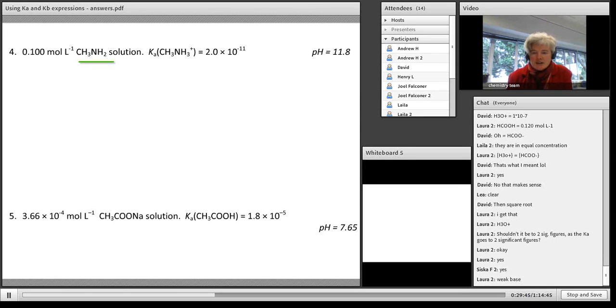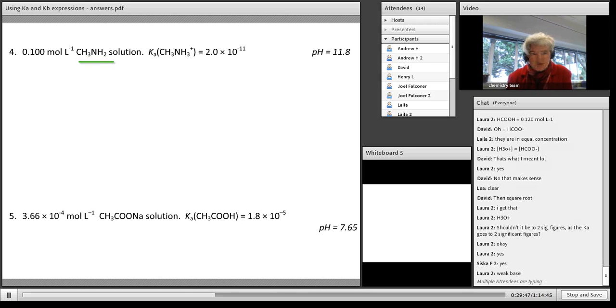Sorry, if you find it a little bit small, just tell me to make it bigger. Okay, it's a weak base. So notice though we are given a Ka value. So don't fall into the trap now saying, oh, Ka value, so I'm going to go Ka is equal to so and so. First, write out the equation so you know which one you're dealing with.